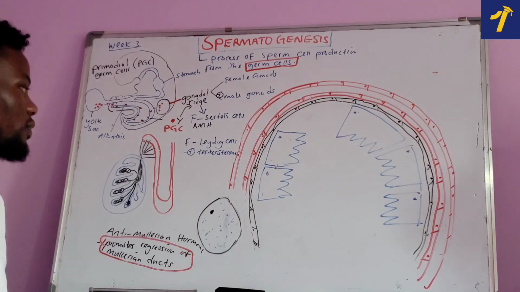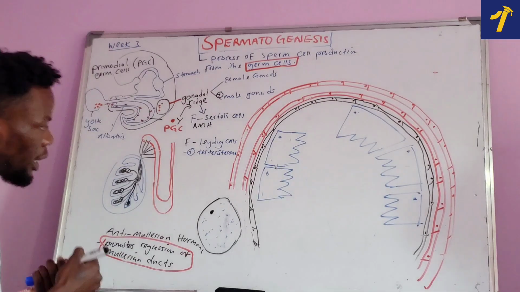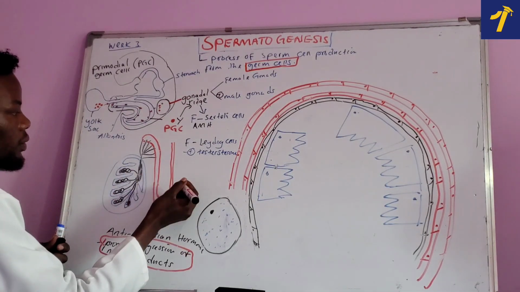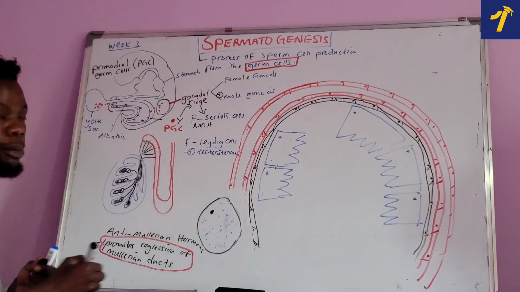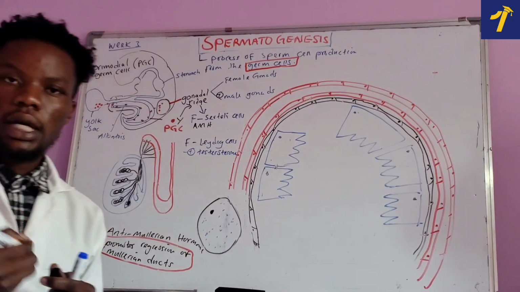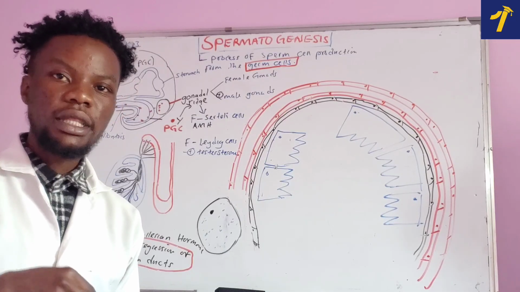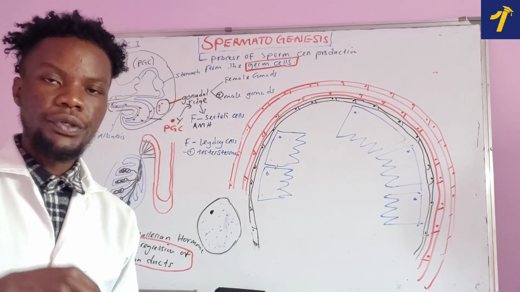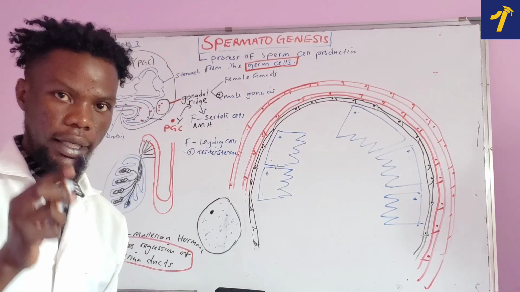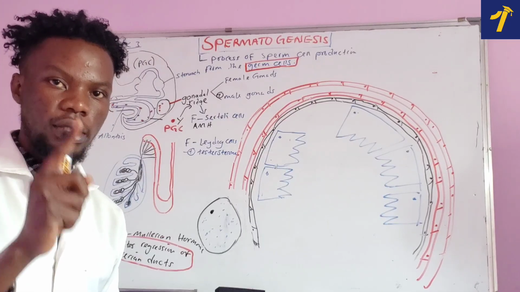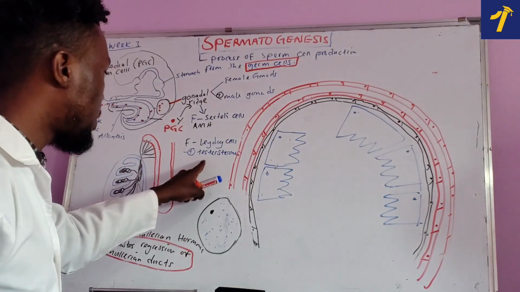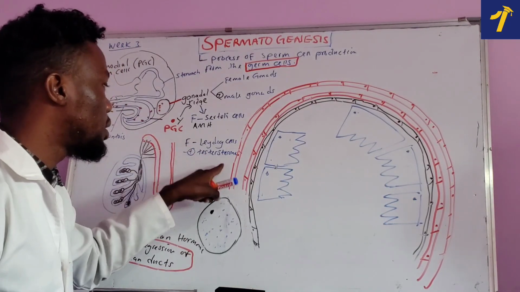So what is the function of testosterone? Now the function of testosterone is that it will promote the development of the internal structures of the male reproductive system. Again, what is the function of fetal testosterone produced by the fetal Leydig cells?